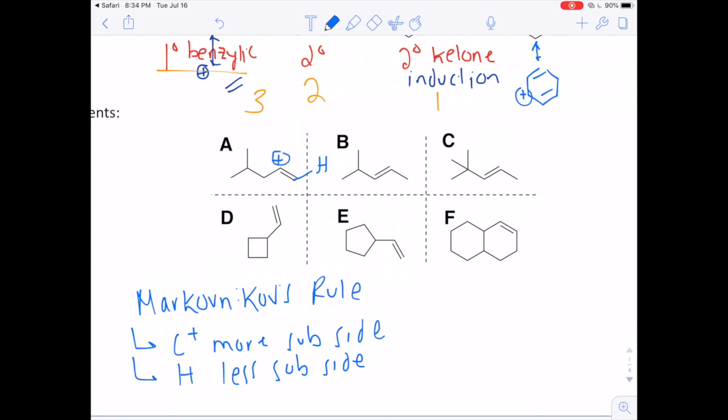So we'll say that the hydrogen over here and a carbocation over here, a hydrogen over here and a carbocation over here, a hydrogen over here, followed by a carbocation over here, hydrogen over here with a carbocation over here, a hydrogen over here with a carbocation over here.